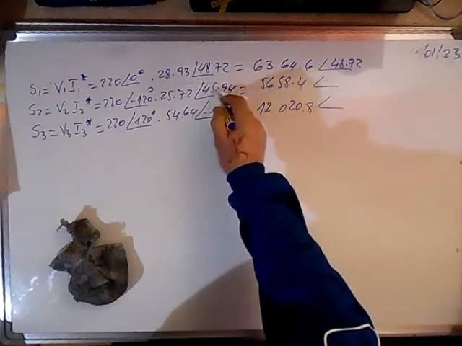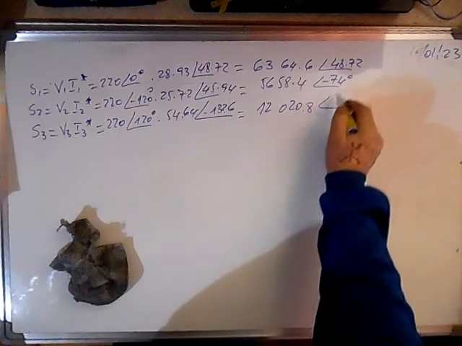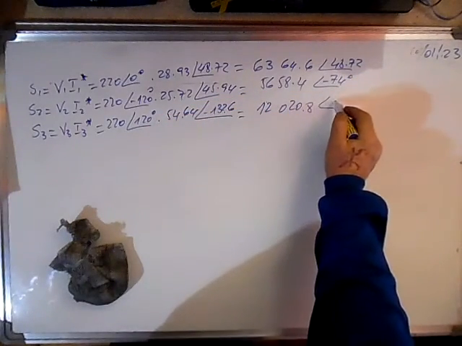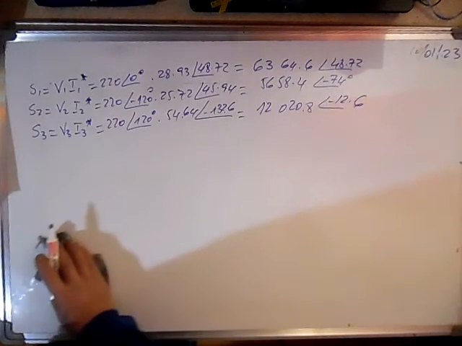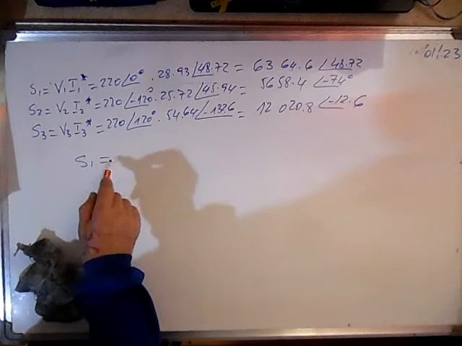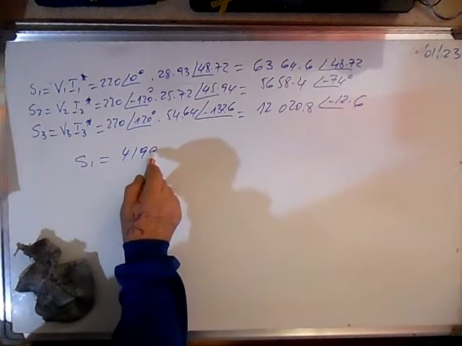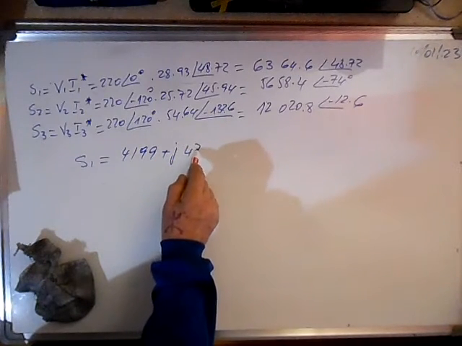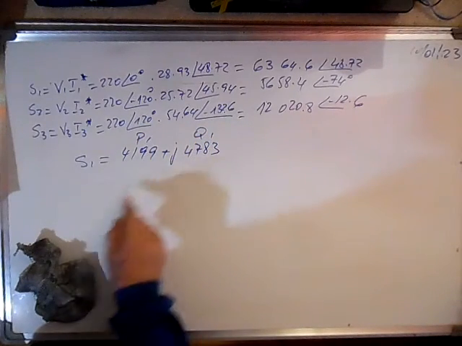Here this plus this is minus 74 degrees, and here this plus this will give us minus 12.6. So S1, P1 will be 4,099 plus j4783. This is P1, this is Q1.